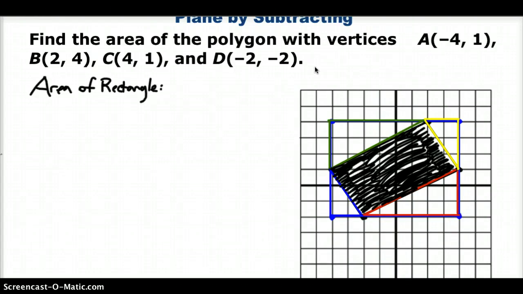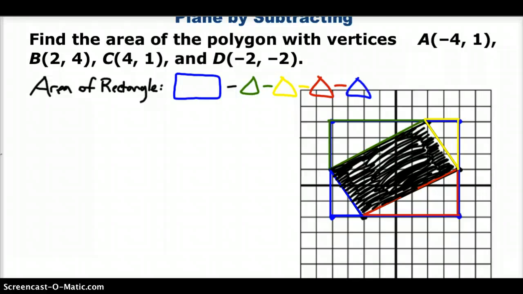Remember, I don't know this is a rectangle, but it's going to be the area of this big blue rectangle minus this green triangle, minus this yellow triangle, minus this red triangle, minus this blue triangle. And that's going to give me the area of this rectangle.